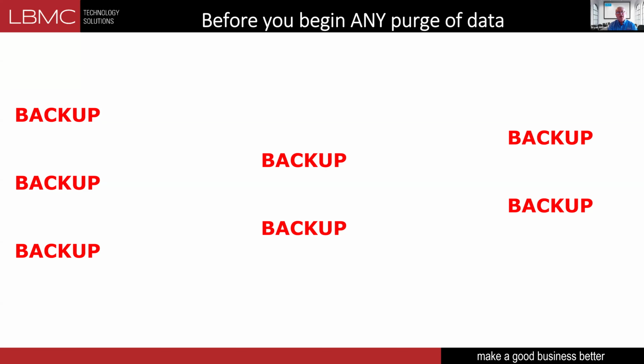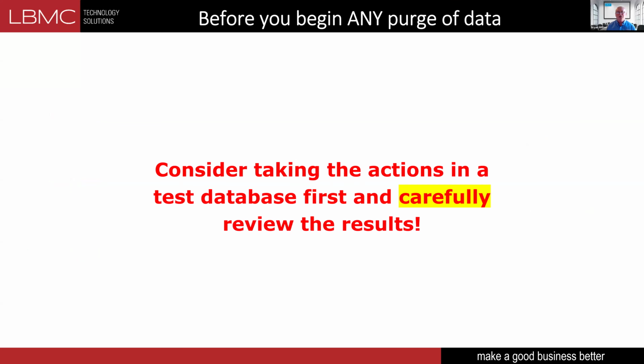Once you have that question answered, and you're actually going to do the purging, the one thing you have to do is run a backup. There's no time that you would not do that.